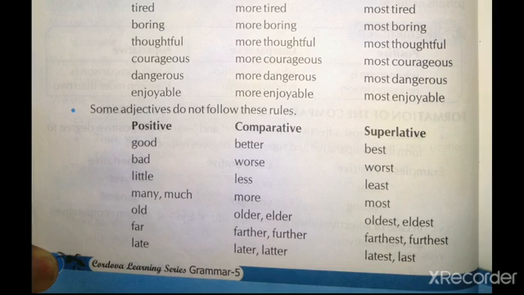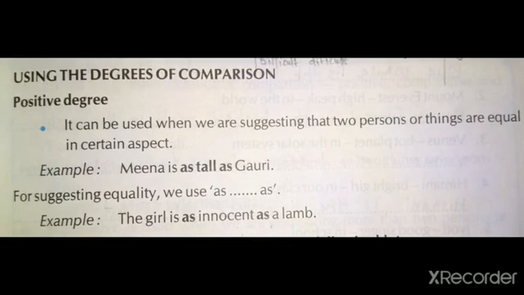Then using the degree of comparison means how to use the degrees of comparison in sentences. First of all, positive degree. It can be used when we are suggesting that two persons or things are equal in certain aspects. Example: Meena is as tall as Gauri.